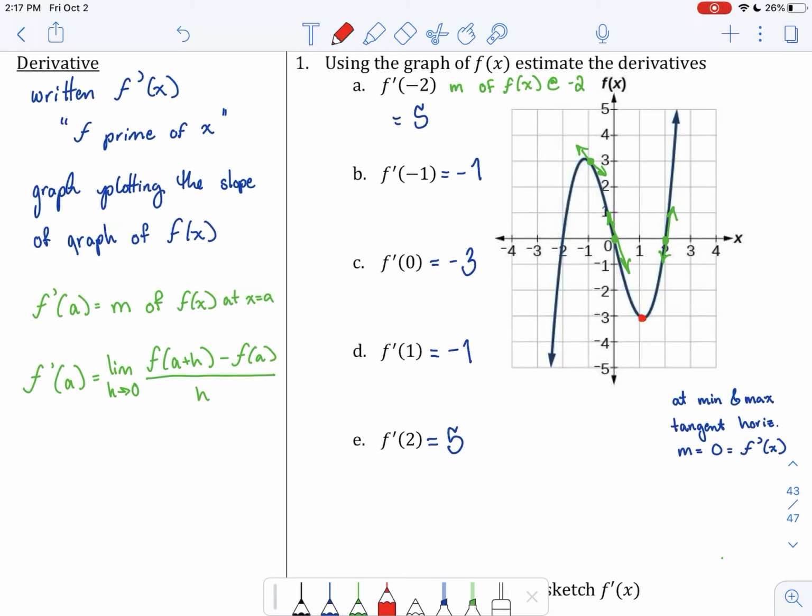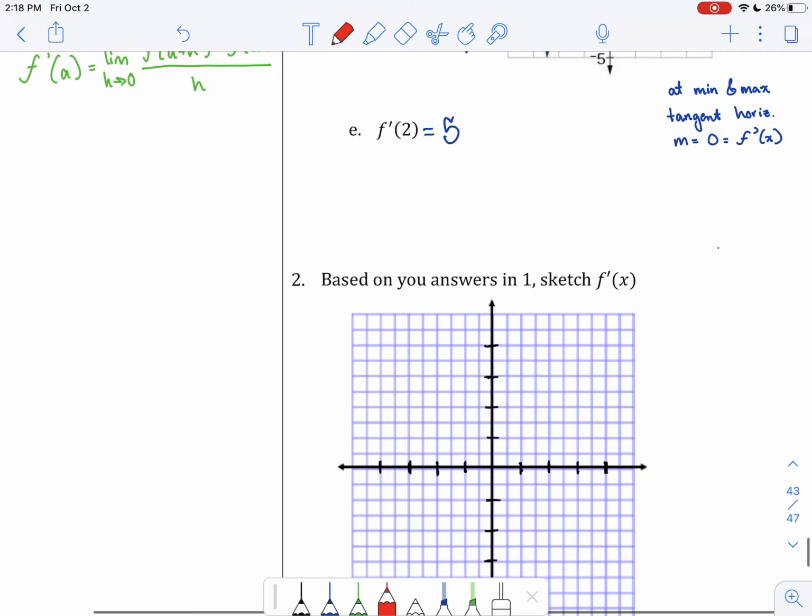At this point, right after 1, the slope is going to be 0. So at a minimum or maximum, the tangent is horizontal, which means that the slope is equal to 0, which also means that f prime is equal to 0 at that point. So just something helpful to note.